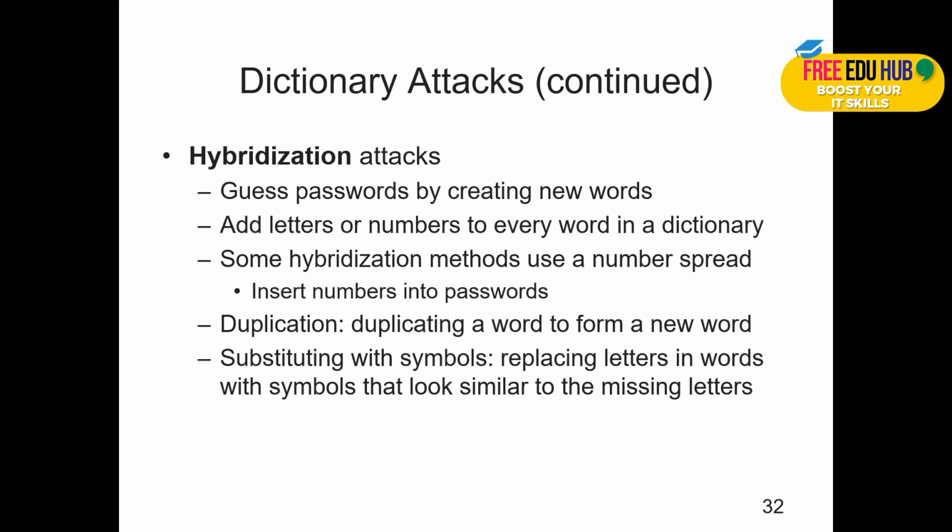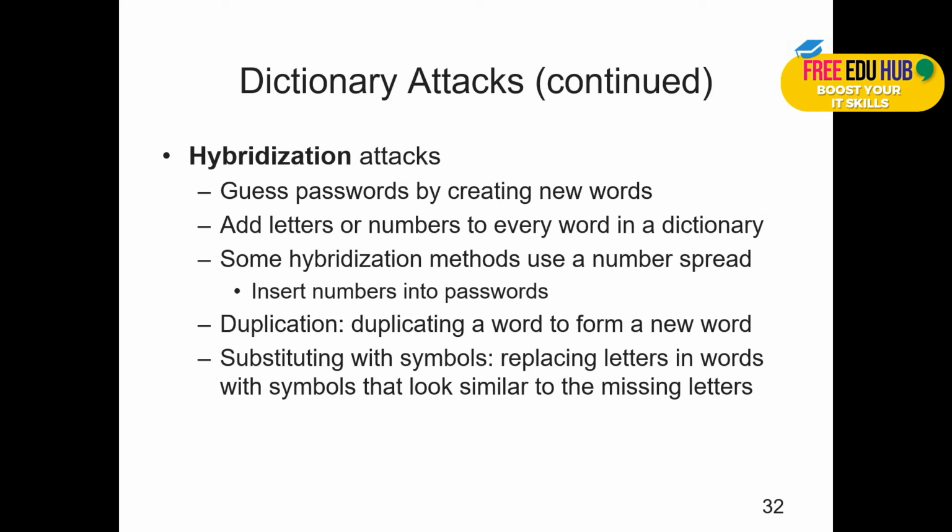Now, hybridization attacks are guessing the passwords by creating new words. They take the words available in the dictionary with minor modifications and create a list of possible passwords, such as adding a letter or a number to every word in a dictionary. Some hybridization methods use a number spread, for example inserting numbers into the passwords, so it would be alphanumeric.